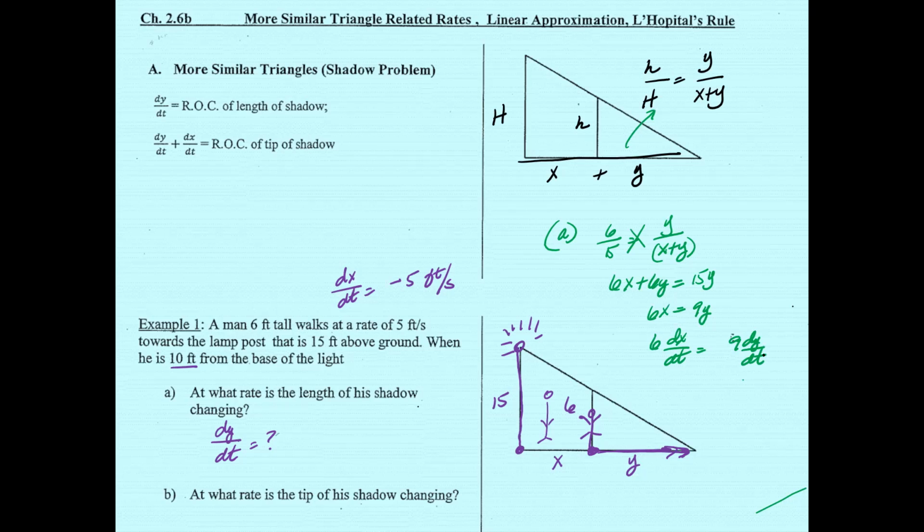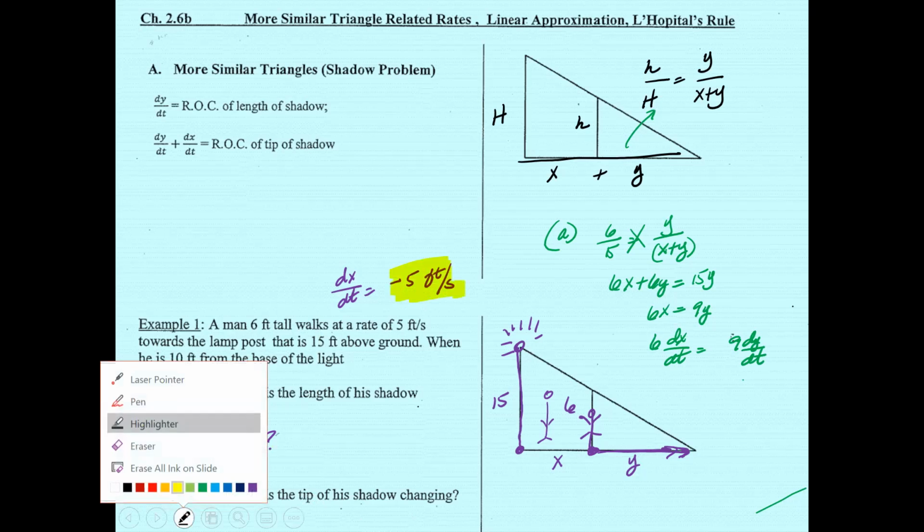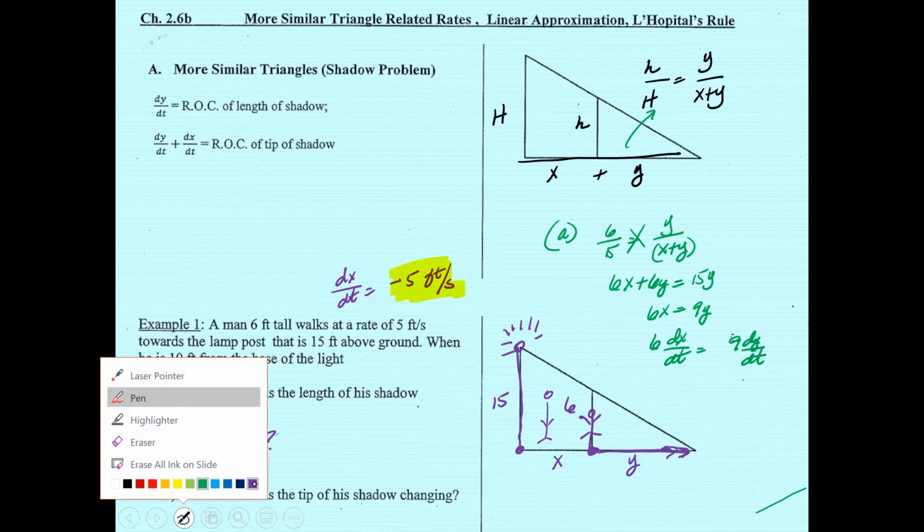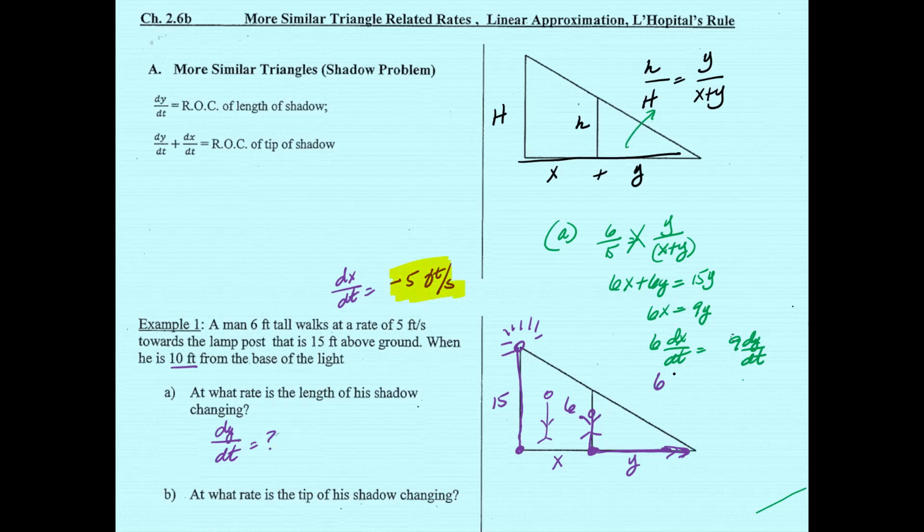And you're given that the dx over dt is right here. So then what I can do with this is I can go ahead and replace that with 6 times -5 equals 9 dy over dt.